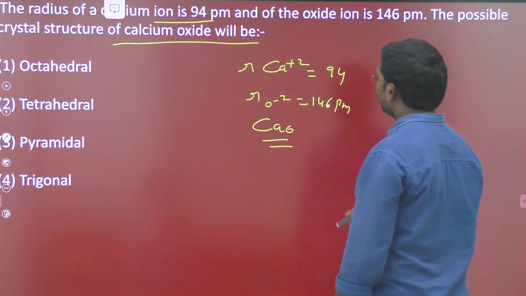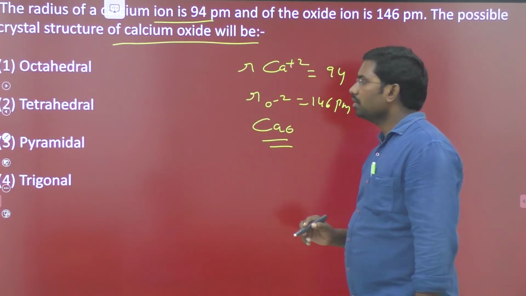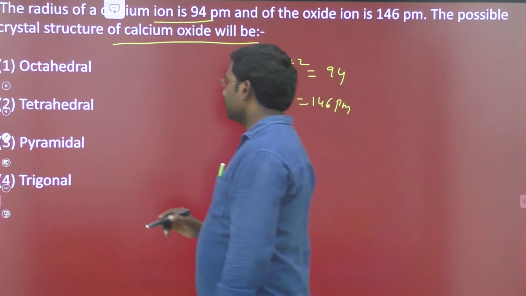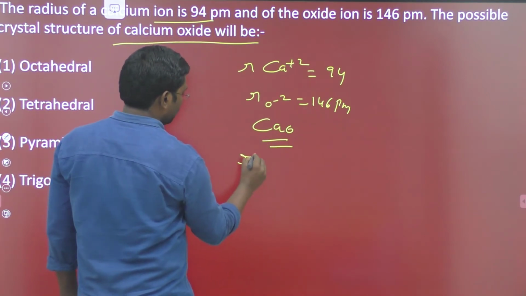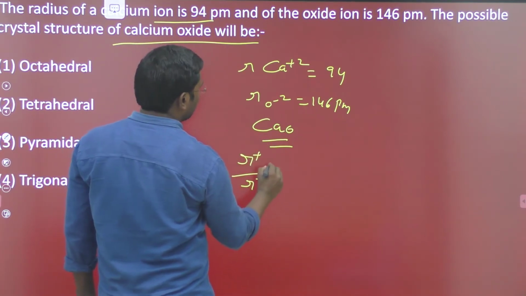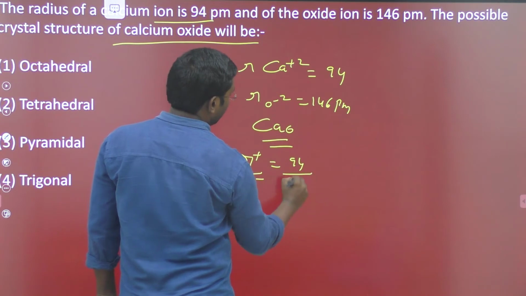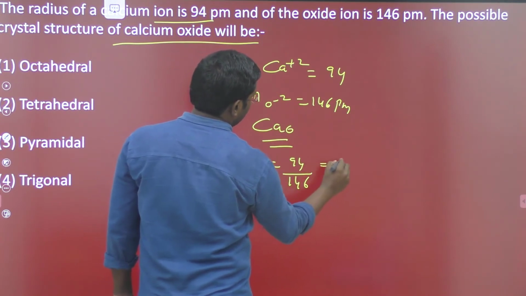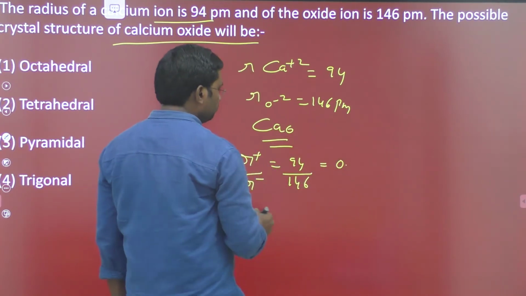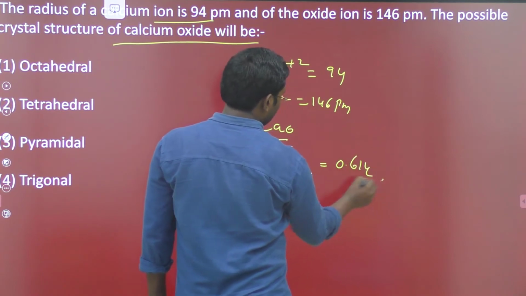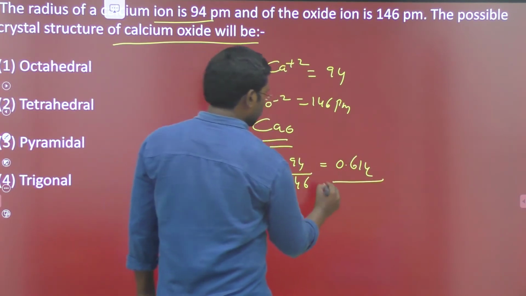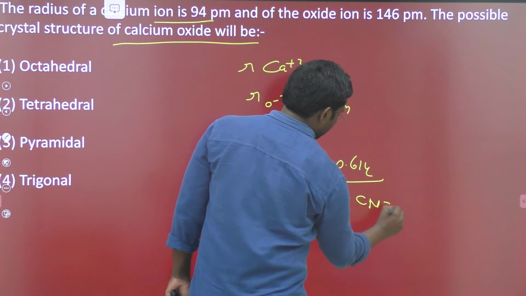The radius of the cation and anion are given, so we calculate the radius ratio: r plus by r minus is equal to 94 by 146, which is 0.614. Its coordination number is 6.